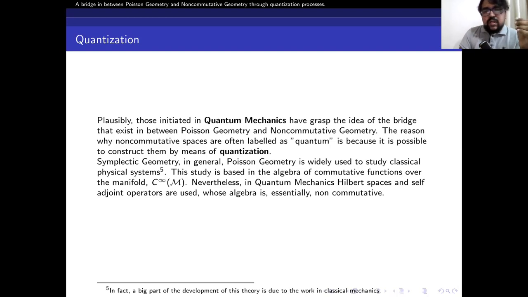So what happens if you quantize, or look for the non-commutative counterpart of this Poisson structure, of this classical mechanics? What you find is precisely the algebra of operators of quantum mechanics. So that's the reason they call it quantization.